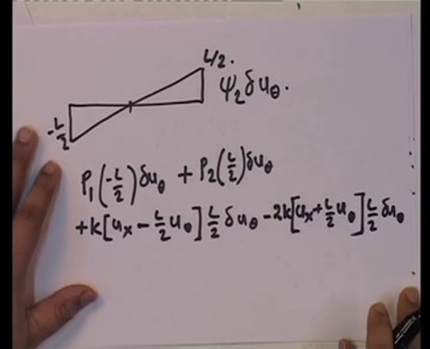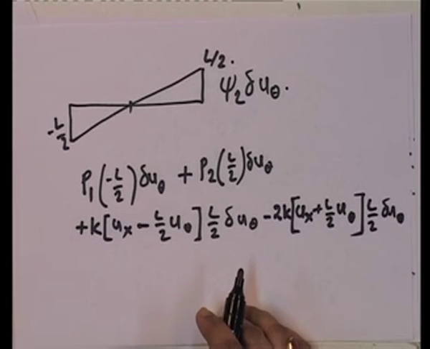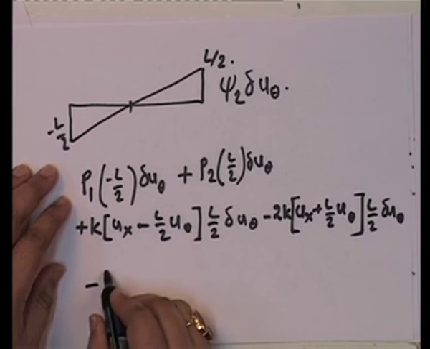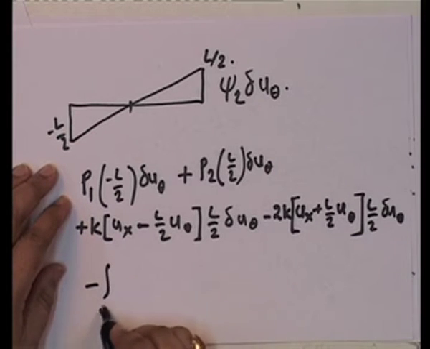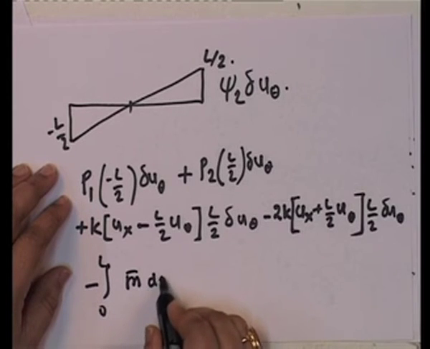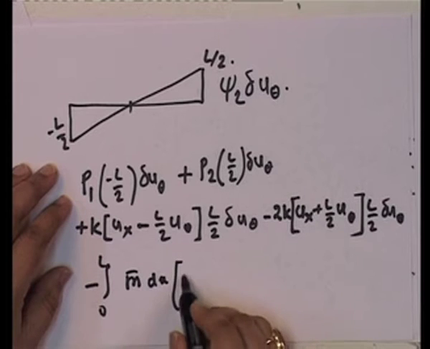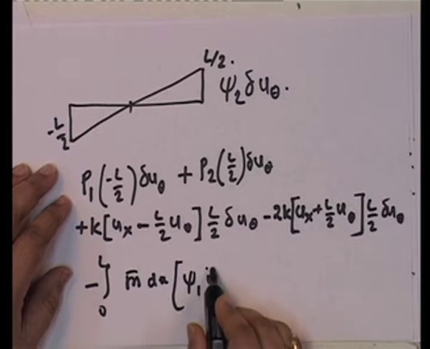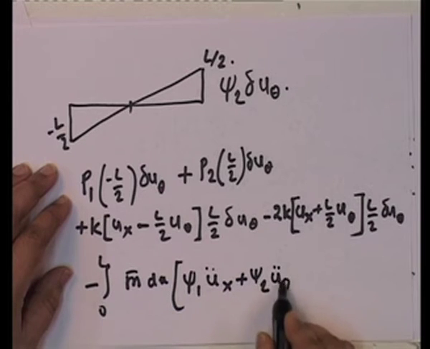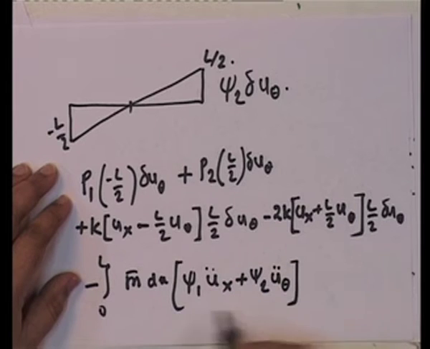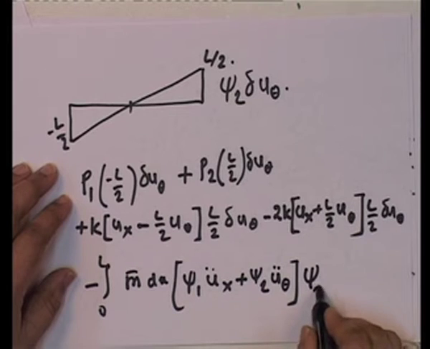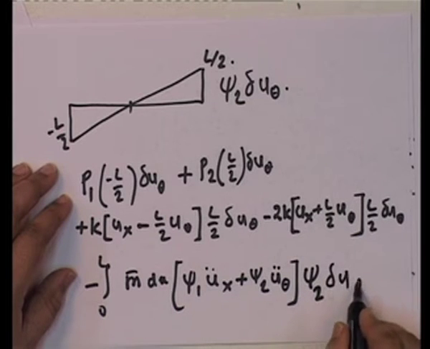And the final is the mass equation, and if you look at the mass equation, what you get is minus, now integrated over the whole length, m bar dx, that is the mass per unit length, into the acceleration, which is this, multiplied by the shape function.